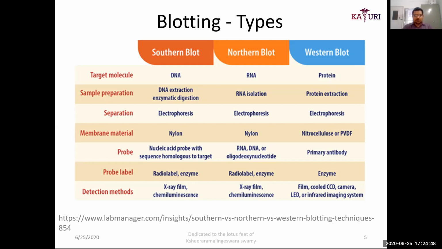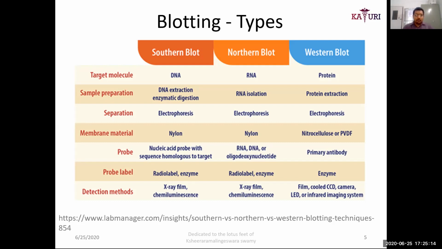We digest the DNA, and we do not digest the protein and RNA. DNA is digested using restriction endonucleases. Very specifically, we should use the same restriction endonuclease when you are matching two samples.